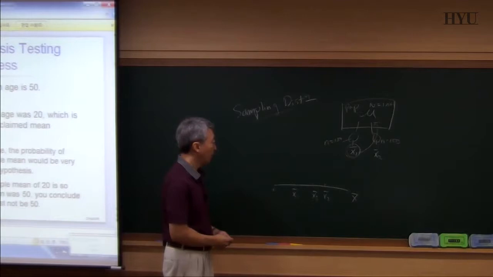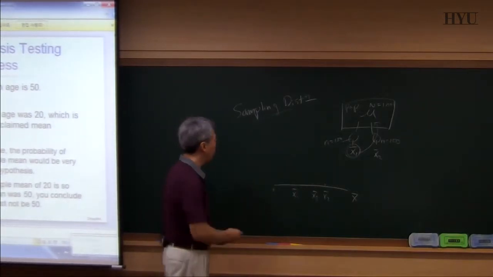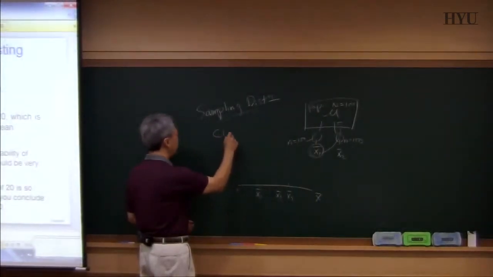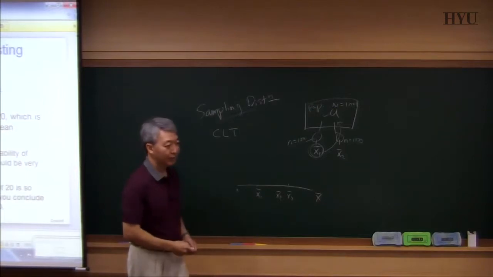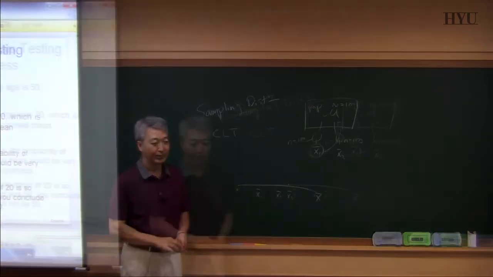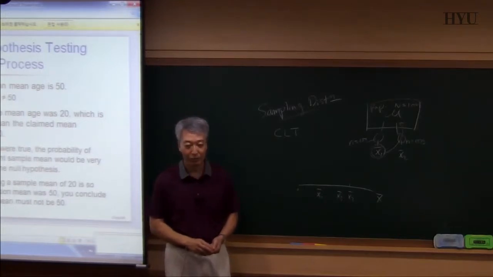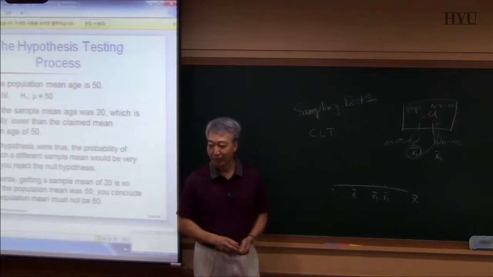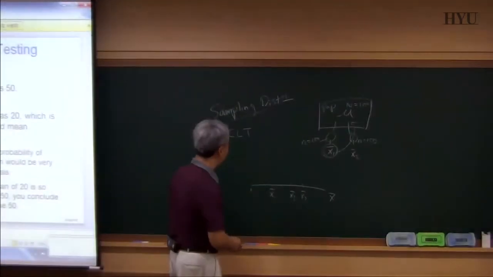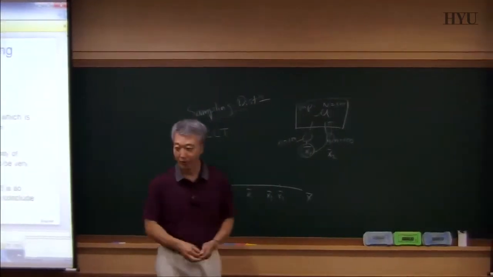And then there is what we call CLT. What is CLT? Remember? Summer was too long, I guess. Yeah? Just central limit theorem. Central limit theorem. Okay? You remember what it is about?